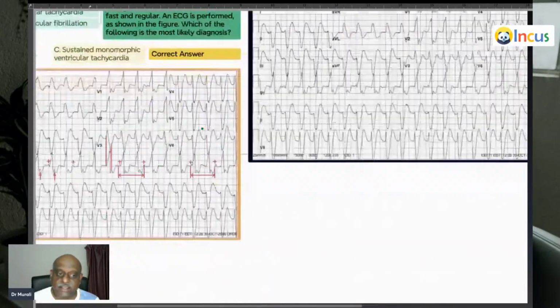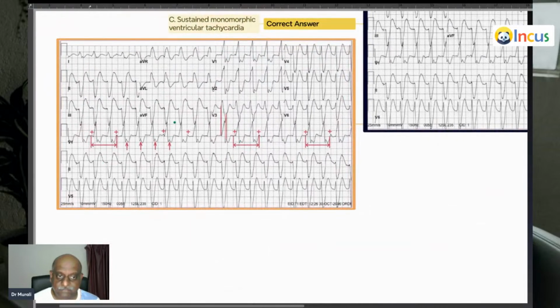So what do you see here? We see broad complex tachycardia. First of all, there is tachycardia. Between one QRS, another QRS, hardly 2 large boxes, so almost 150, 160 is the rate.